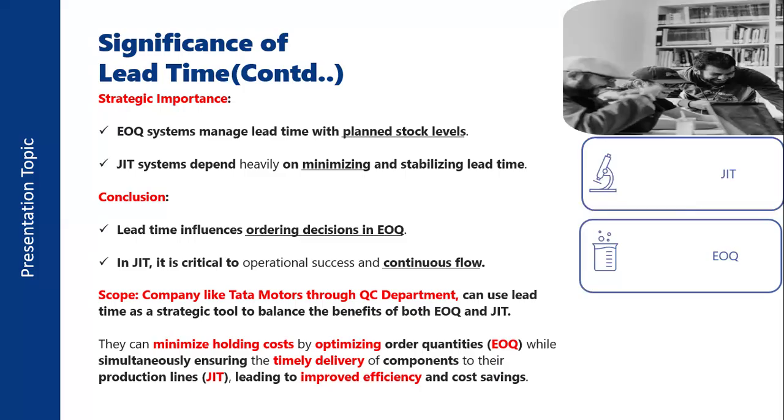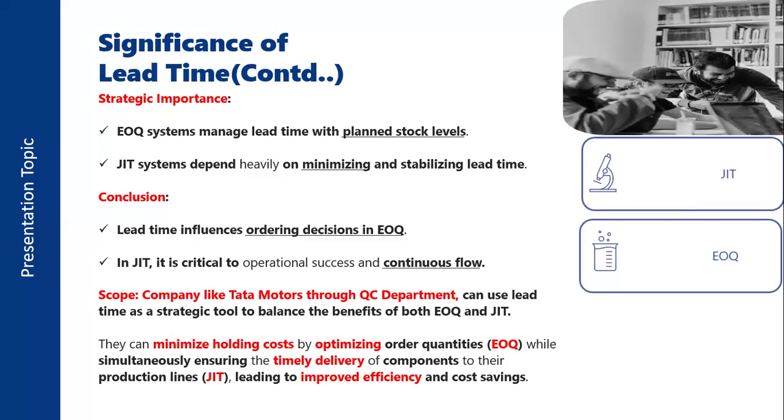Again, if we explore company situations, whether they are following this or not, we will find companies like Tata Motors have scope to implement this through the QC, quality control department, and can use lead time as a strategic tool to balance the benefits of EOQ and JIT.